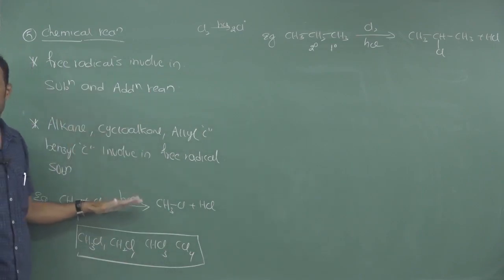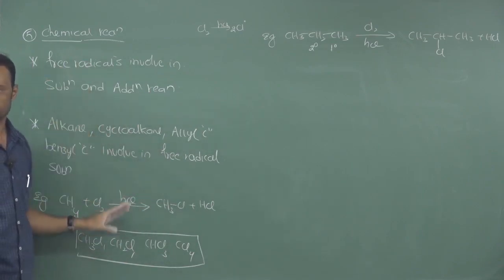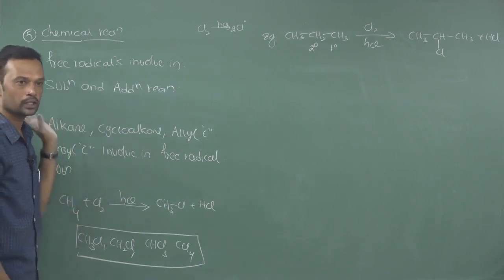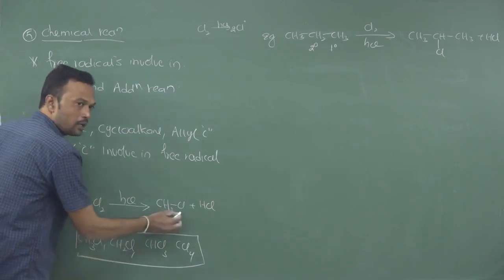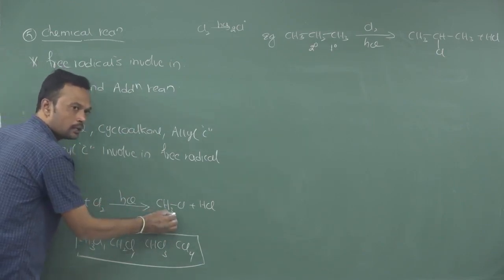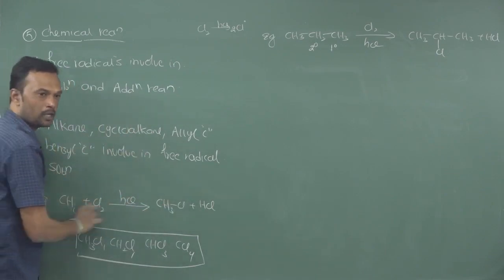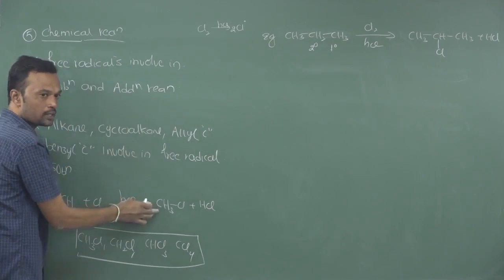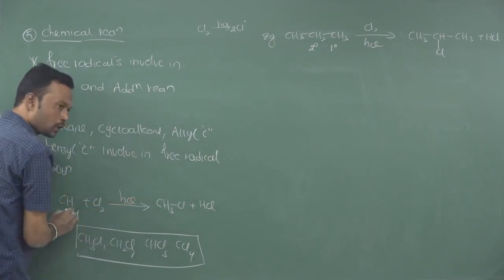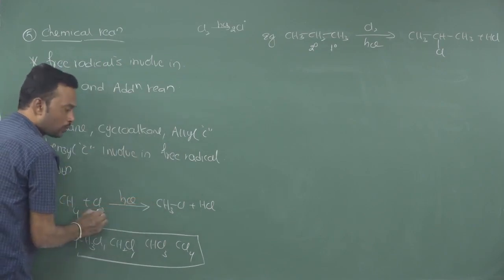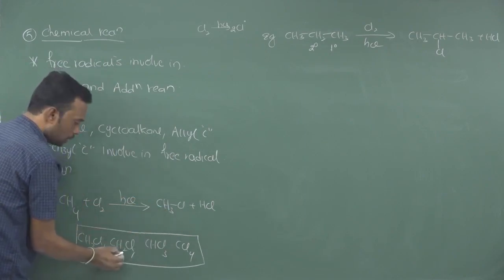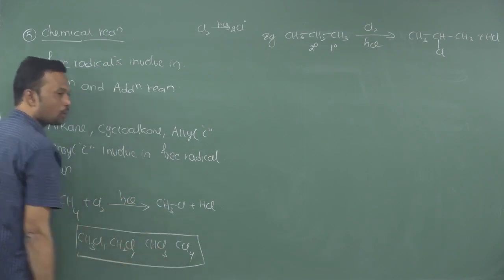So I will explain this completely with the mechanism in the alkane chapter, but right now it is not required. The only thing is, alkanes will undergo free radical substitution reaction. Remember that point. Many applications I will explain in the alkane chapter. Right now, alkanes react with chlorine to give methyl chloride, dichloromethane, chloroform, carbon tetrachloride.